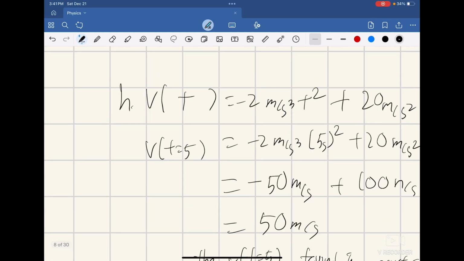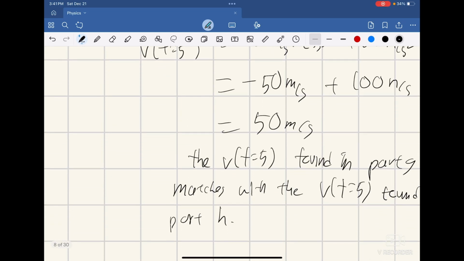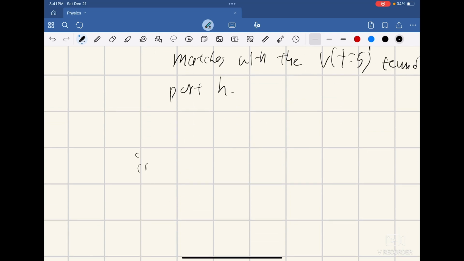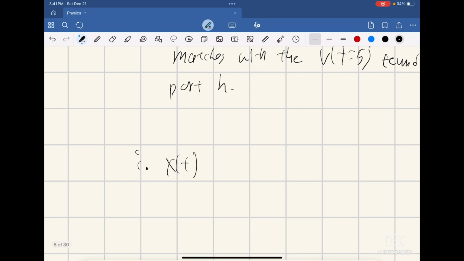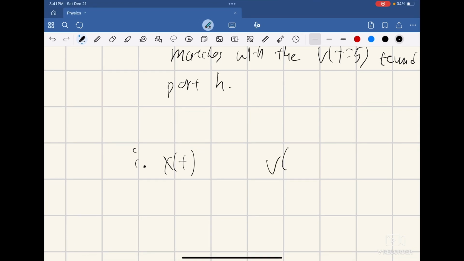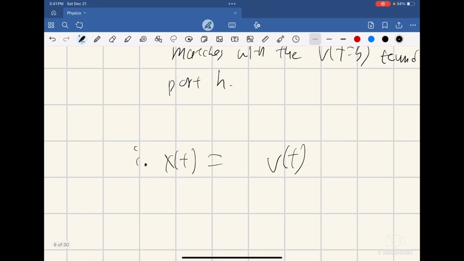Alright, so for part I, we are asked to derive an expression for the position function. So we're trying to find x of t. And to find x of t, this is very simple because we already have the velocity graph, and the relationship between these two is that the integral of v of t dt is equal to x of t, right?